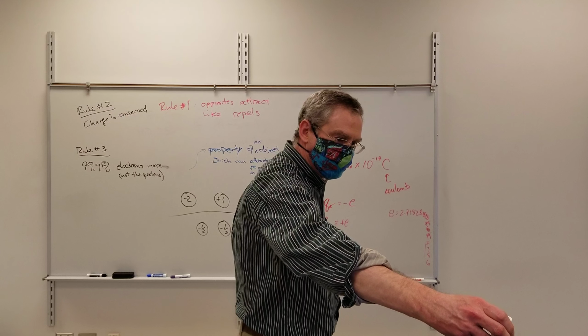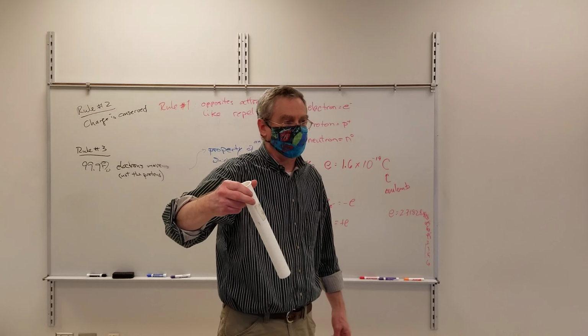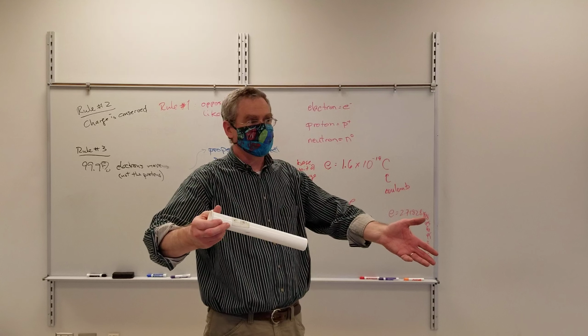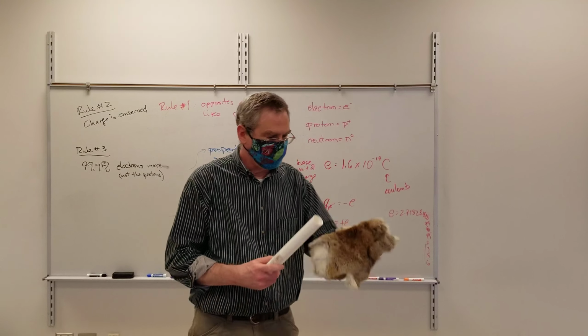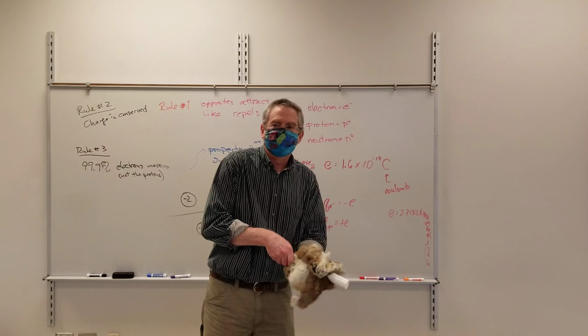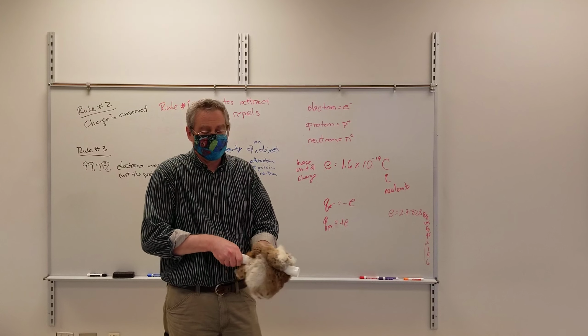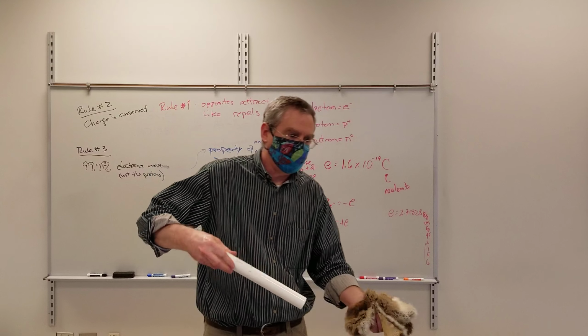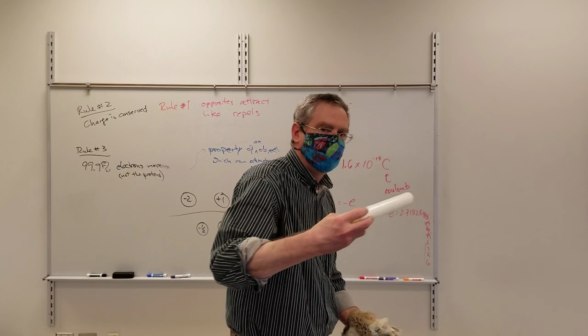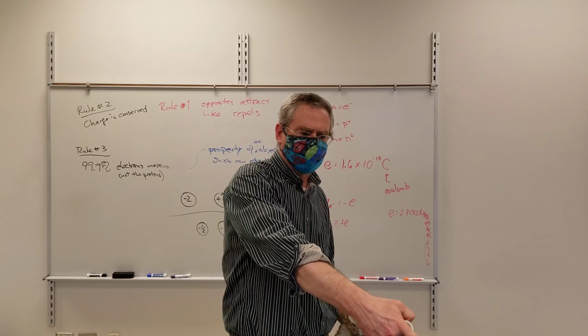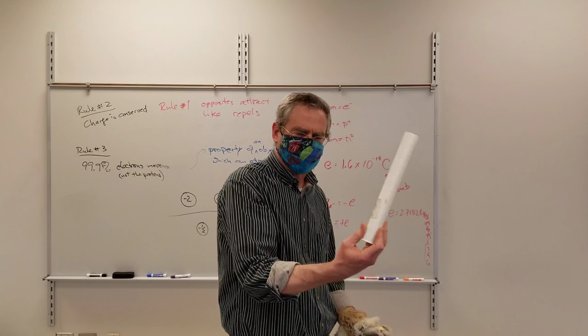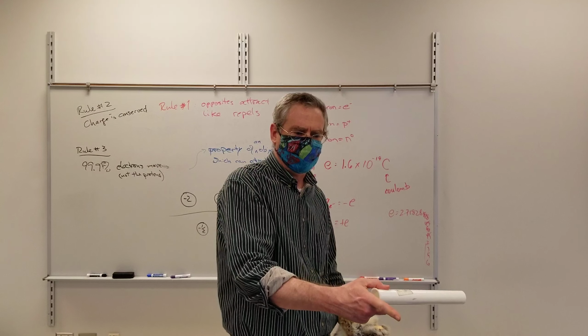Nothing. All right, can we agree that at least one of them is neutral? Actually, they should both be neutral. So if that's neutral, and this is charged now, how did that move?